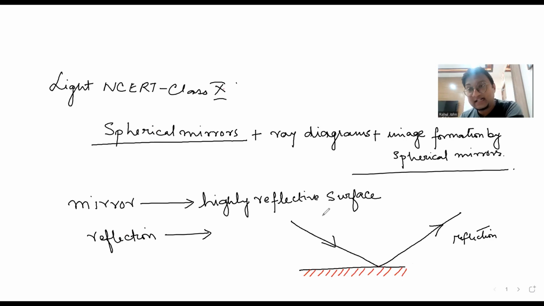When a ray of light is falling on a particular surface, we call it the incident ray, right? And when the ray of light bounces back after striking the interface, then we call it the reflected ray.